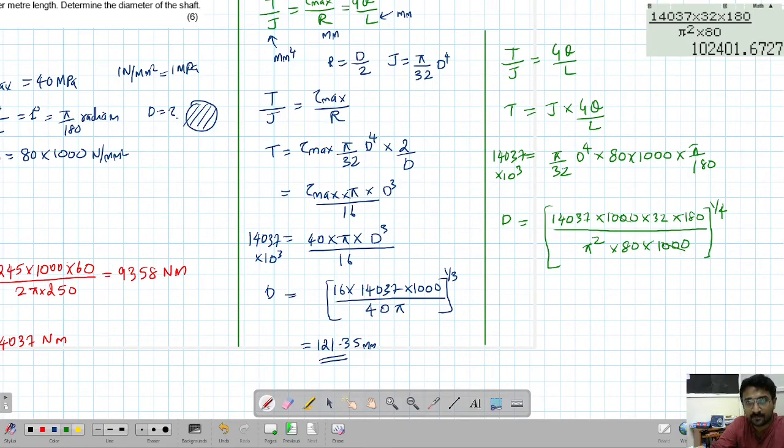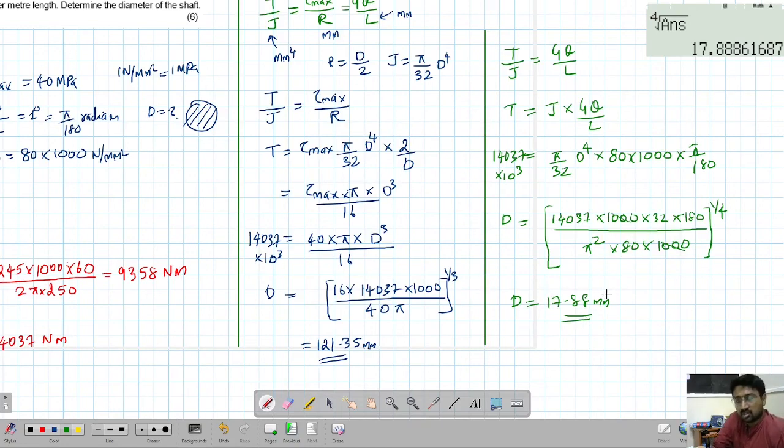Now I will find the fourth root. The fourth root of the answer will give me 17.88. Okay, so this is a very small diameter that we are getting, 17.88 mm.